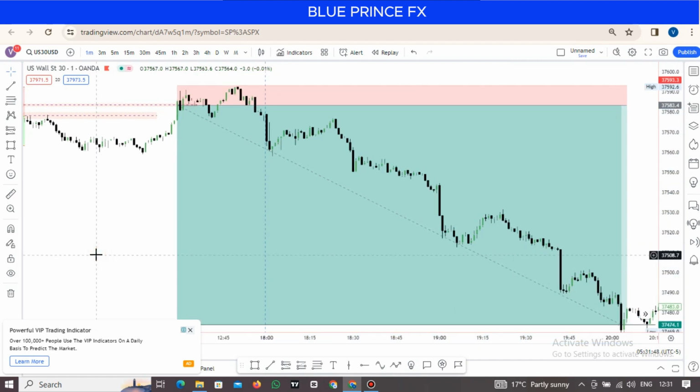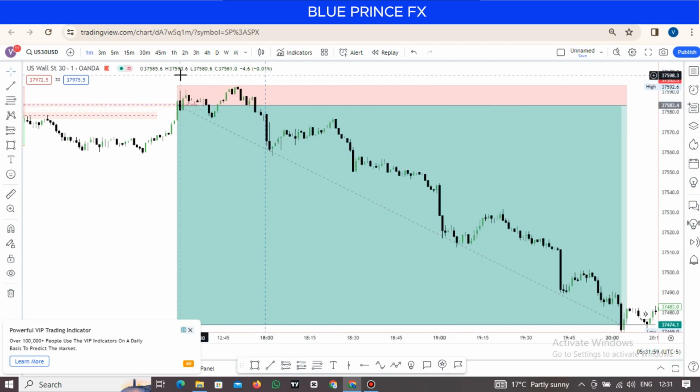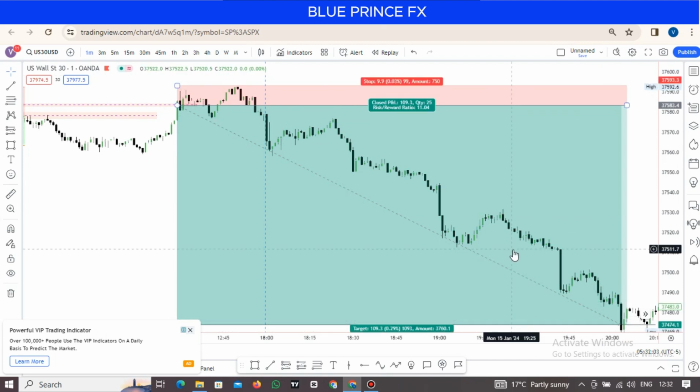It took the market going into attacking the sell side liquidity the following day, because this is now the following day. But you take your sell here, you hide your stop loss above the protected high, and you target this 15 minute sell side liquidity, and that's what we did.